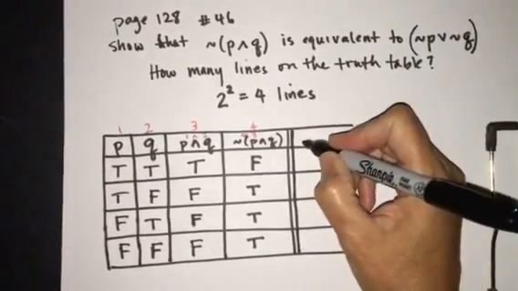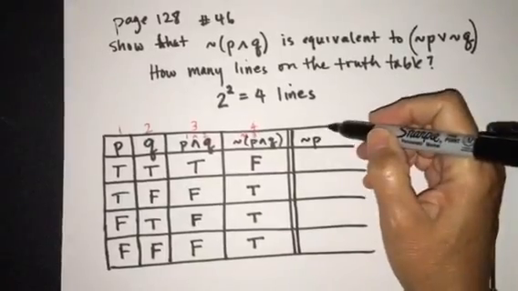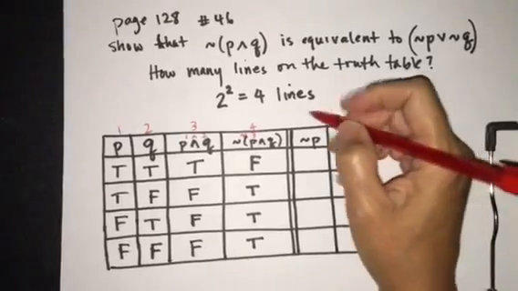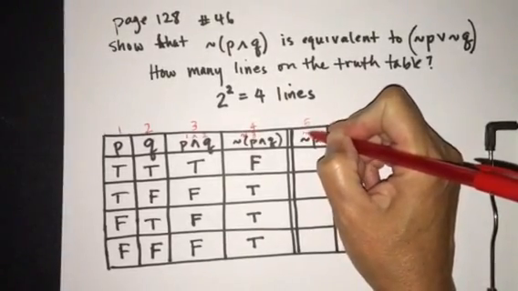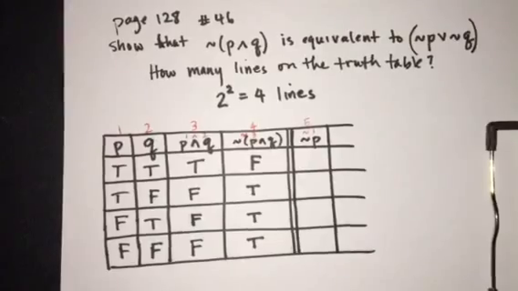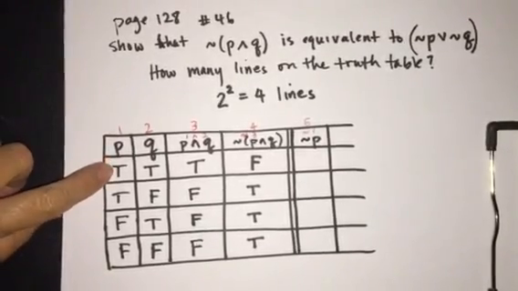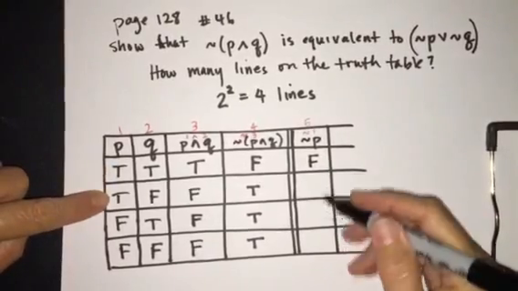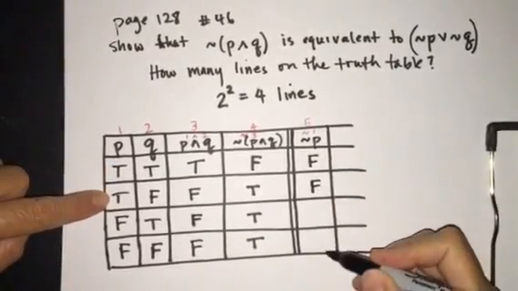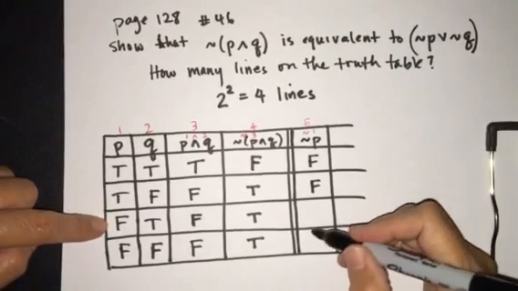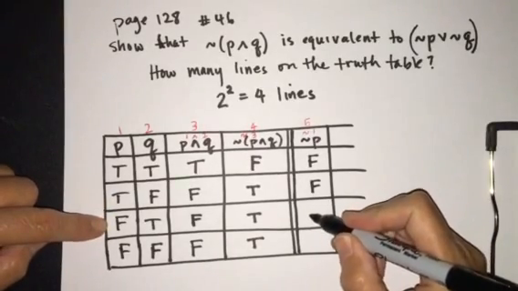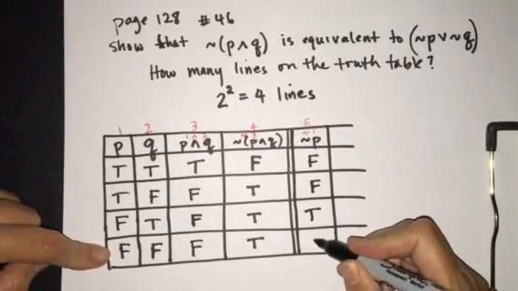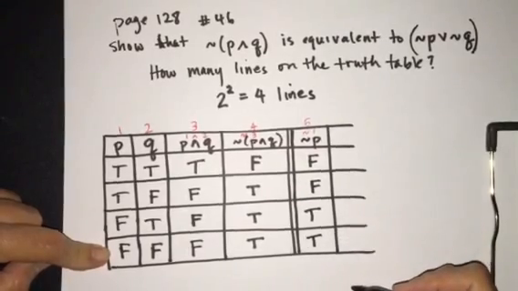So for this, I'm going to need a column for not P. I will call this column number 5, and column 5 is the not of column 1. So if column 1 has a T, column 5 has an F. On the second line, column 1 has a T, column 5 has an F. On the third line, column 1 has F, column 5 has T. And on the fourth line, column 1 has F, so column 5 has a T.